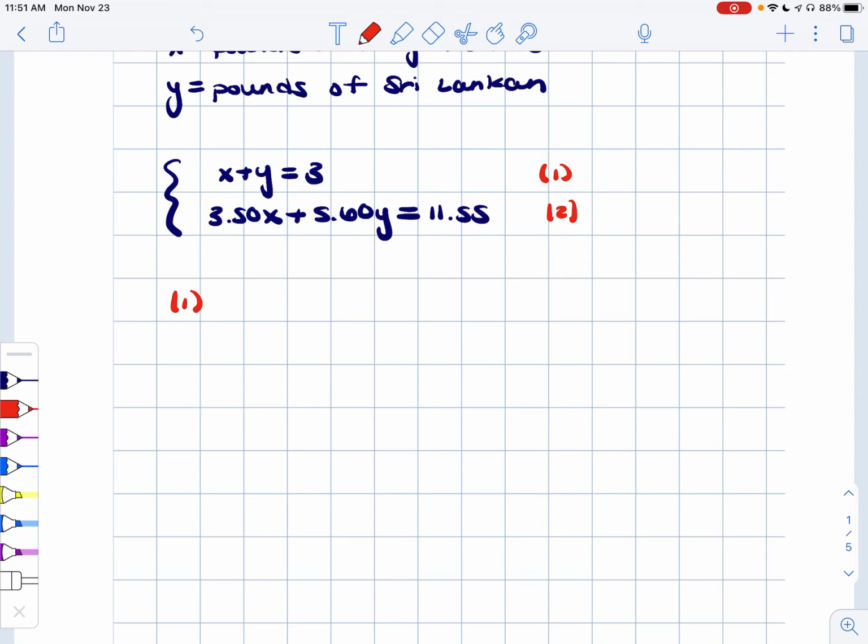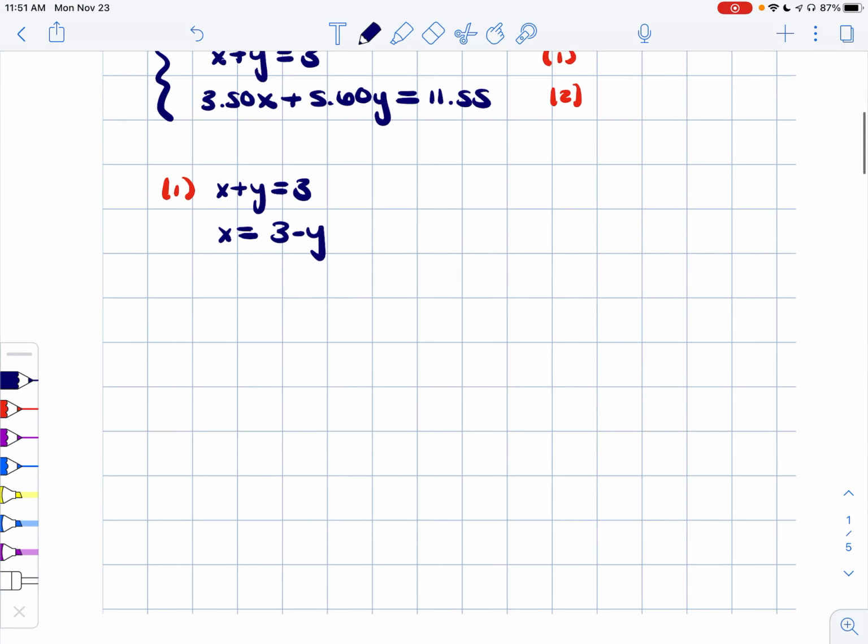So I'm going to take equation 1. Okay, and remember with substitution, it doesn't matter whether you solve it for x or solve it for y, you'll get the same answer. So I'll just go ahead and solve for x because it's first. So we would get x is equal to 3 minus y. All right, so then we substitute this.